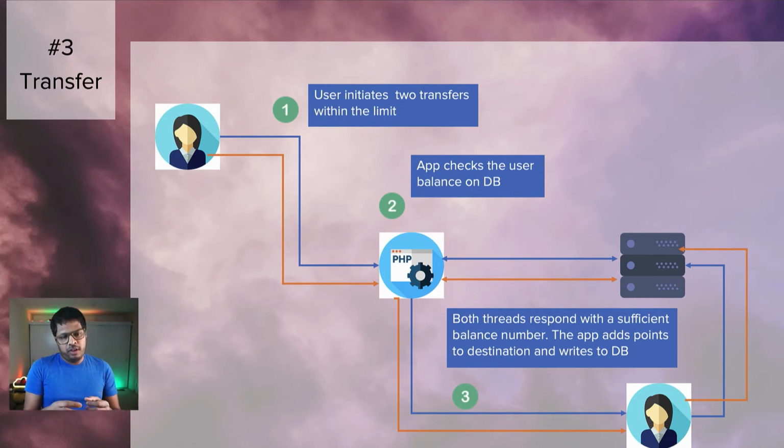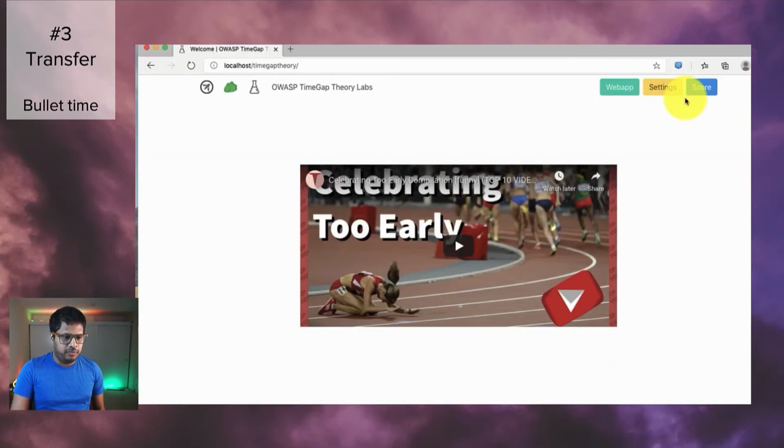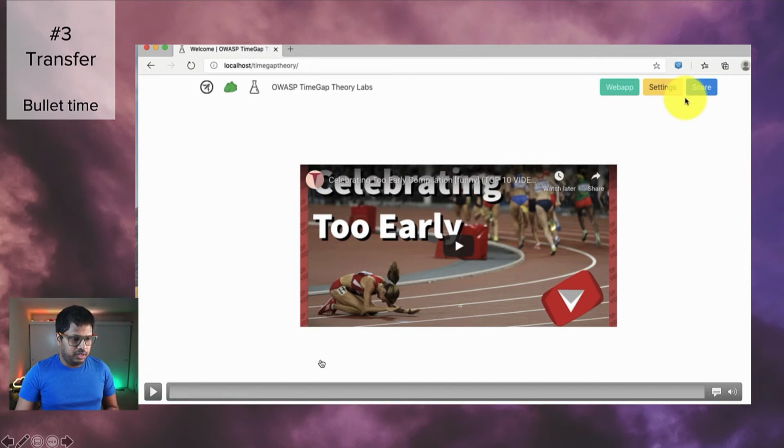Both threads will get executed by the application on the third step, and the corresponding changes will be made in the database. Let's see how to exploit these types of scenarios using the bullet time feature in OWASP TimeGap theory.